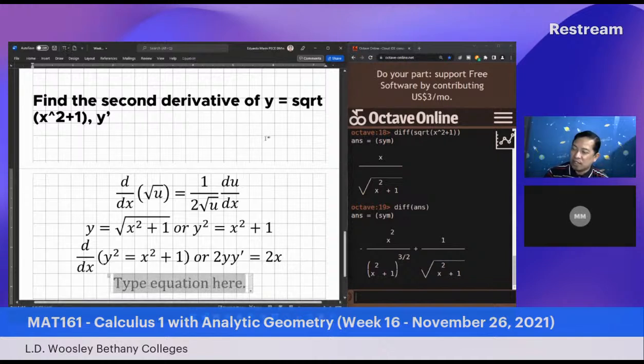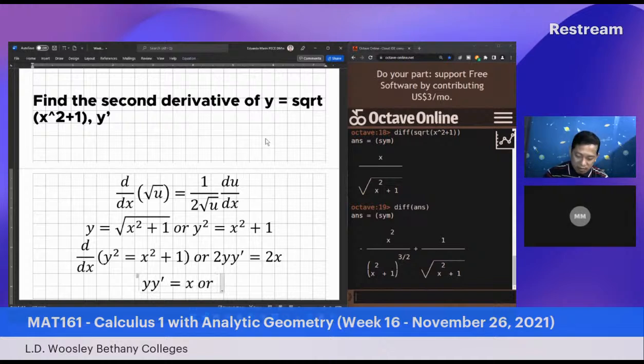So cancel the 2, and it becomes y prime is equal to x. Alright? Y prime is the first derivative.